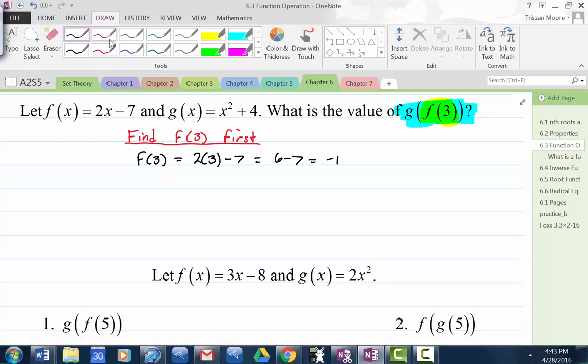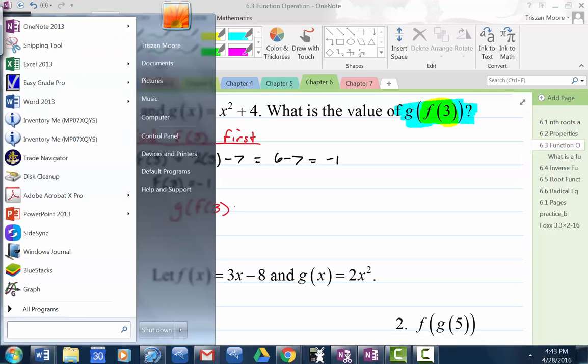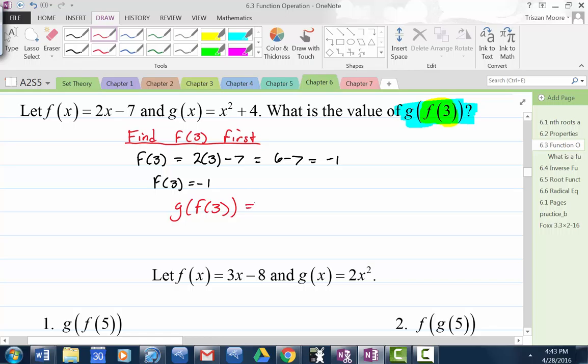So now, what we conclude, since f of 3 equals negative 1, then g of f of 3 is equal to g of negative 1.